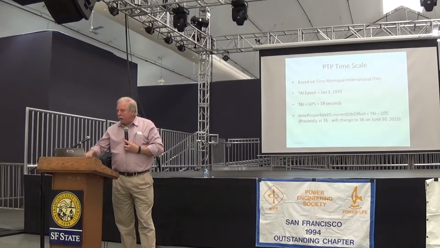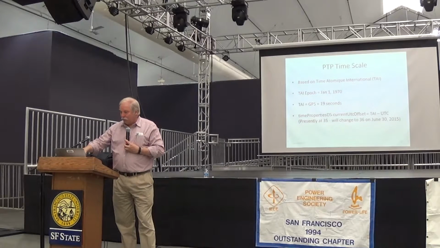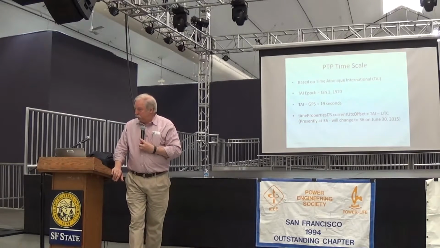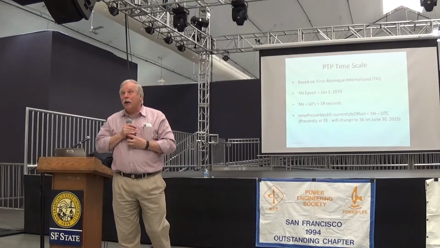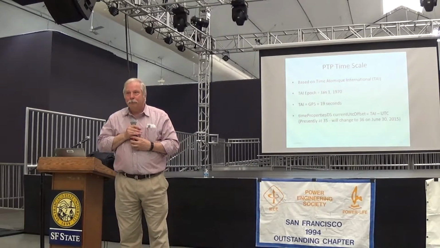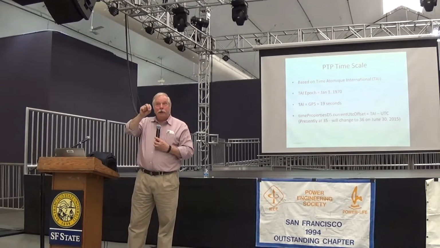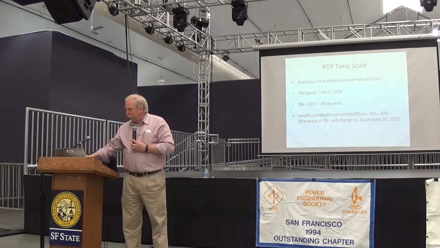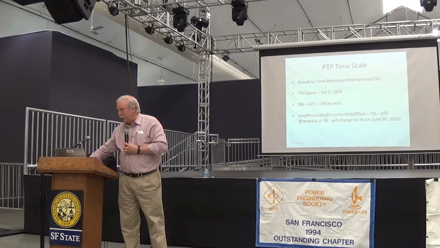And between TAI and UTC, this presentation goes back before June 30th of 2015, but the last leap second we had was June 30th, 2015, and the difference between TAI and UTC increased to 36 seconds. And that's where we are today, right now. So to go from TAI to UTC, you just subtract 36 seconds, or add 36 seconds to the TAI time.